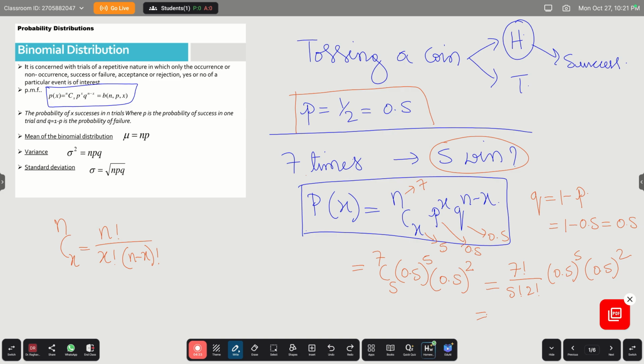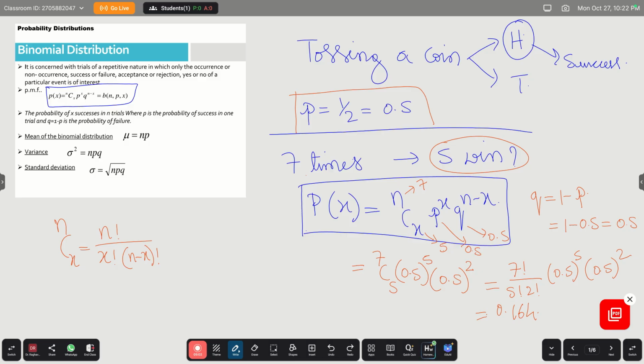When you do this calculation, you know that 7C5 will be 21, and multiplied by these two values will give you approximately 0.164. That means almost a 16% chance is there that 5 times I'll win this game. 7 times we are playing, and the probability of winning 5 times is 0.164.